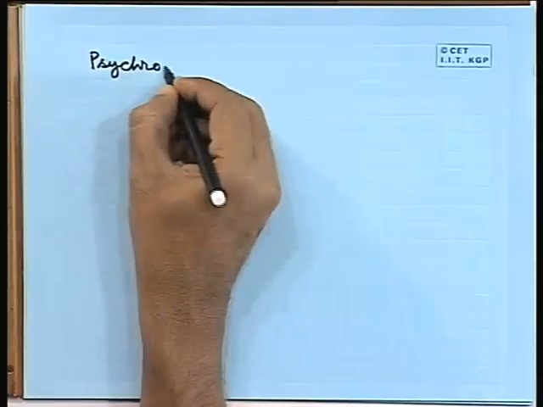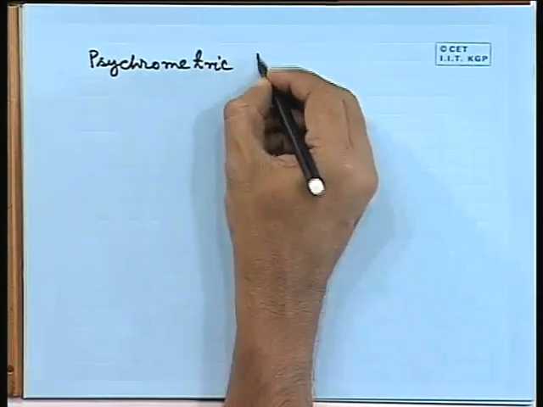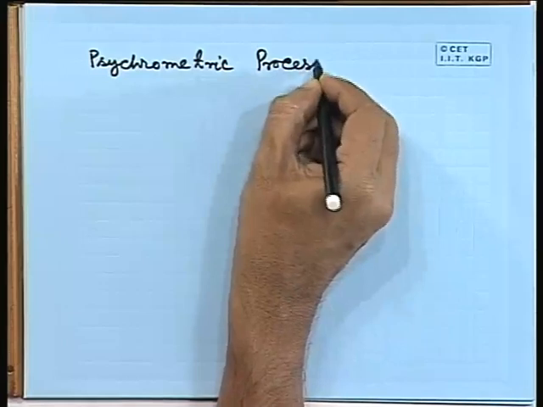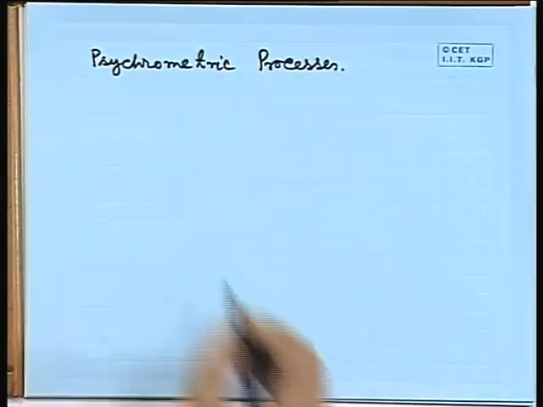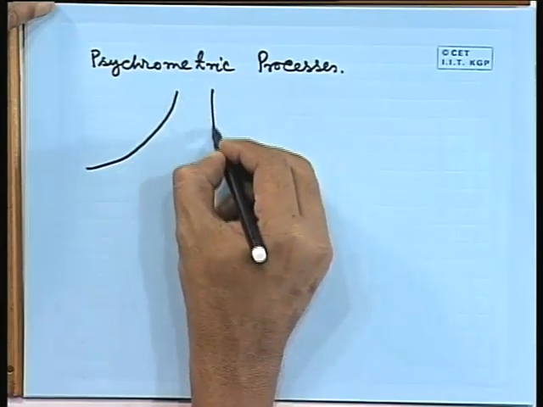Now, if we see the psychrometric processes, then apart from mixing, there are two basic types of process.